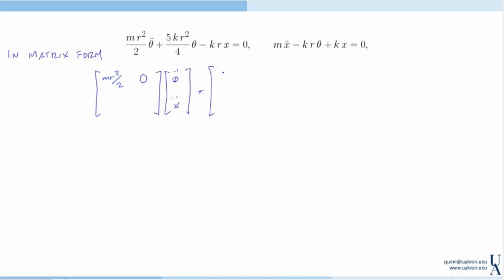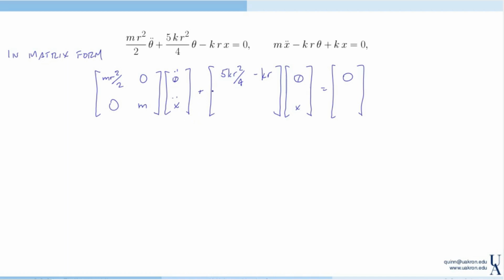Now the stiffness matrix looks like 5kr squared over 4. And again, theta and x. And then for the x term, we have minus k times r equals 0. The second equation, there's no theta double dot term, so we get a 0 there. There's an mx double dot term.